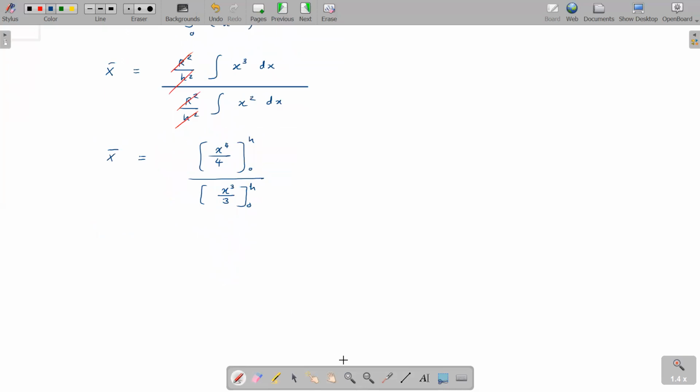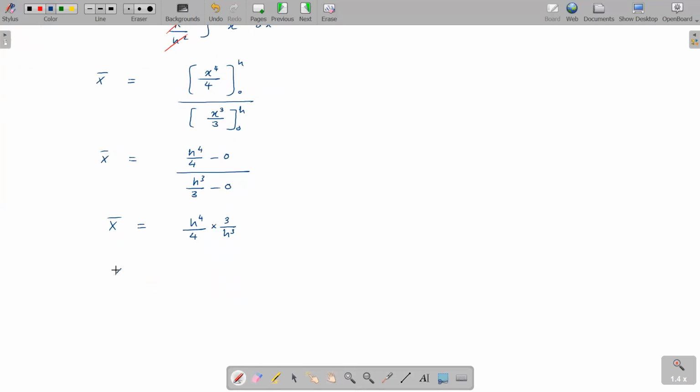So it's going to be h to the power 4 over 4 minus 0, divided by h to the power 3 over 3 minus 0. Right, guys? So we end up getting h to the power 4 over 4 into 3 over h cube. When you simplify, I end up getting x bar as 3h over 4.